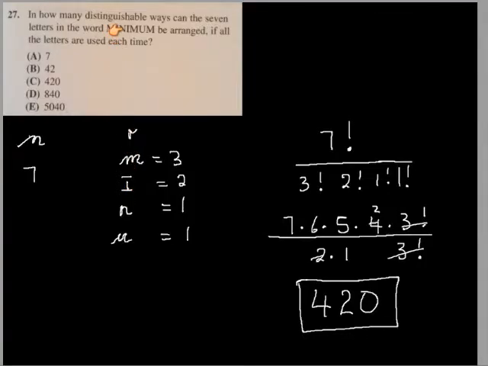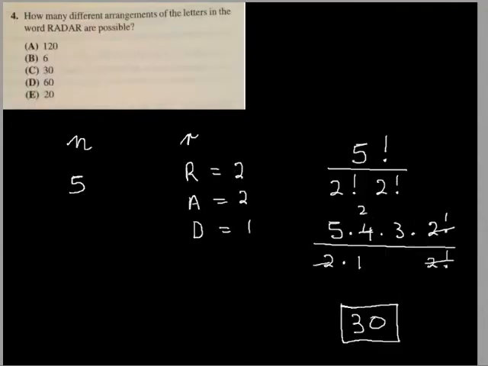And N occurred only once, and U occurred only once. So the number of ways in which I can arrange the letters, and since order is important, I'm going to use the permutation formula, which we're discussing now, is n factorial over 3 factorial times 2 factorial times 1 factorial and 1 factorial. Plugging it in your calculator gives you 420.